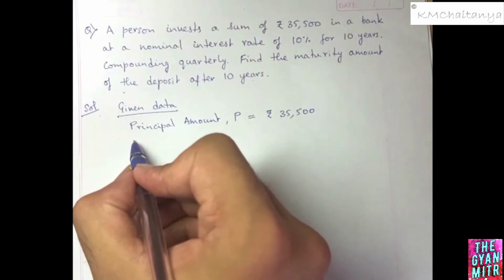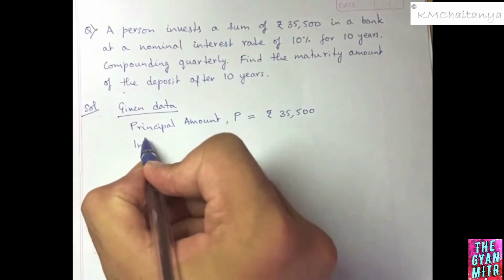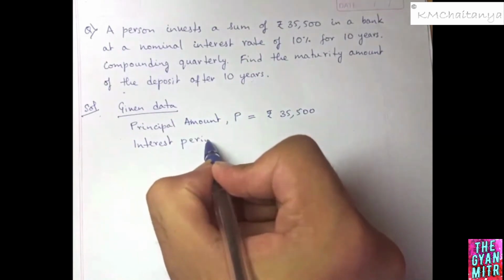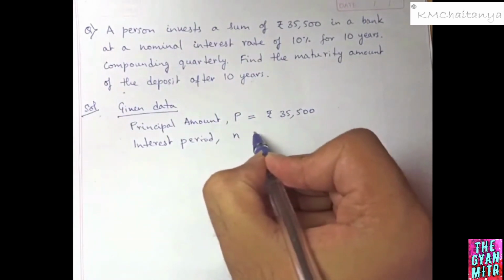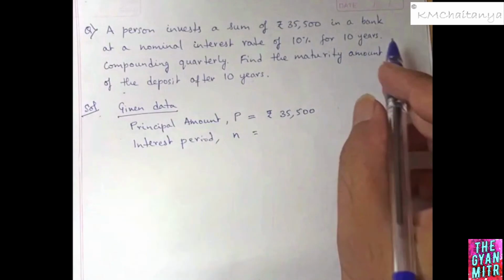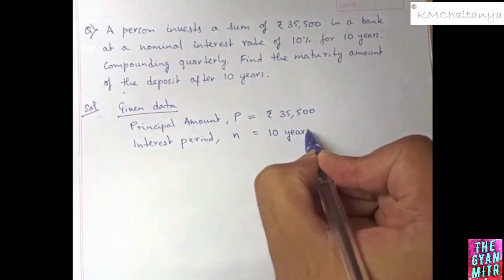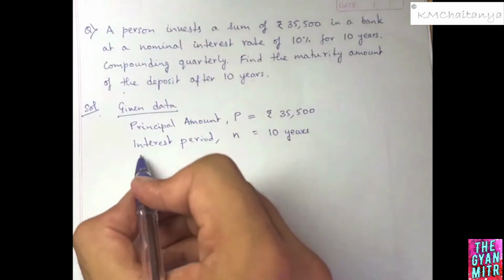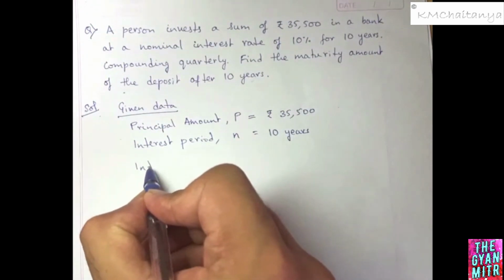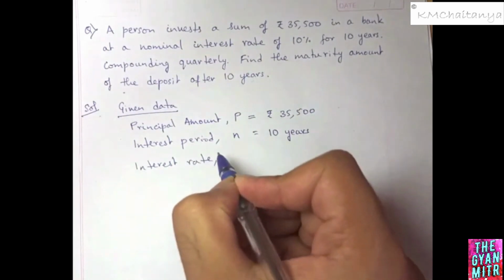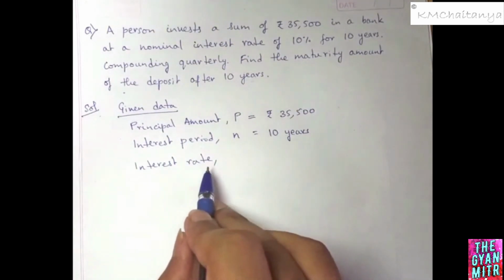Next, the number of interest periods, which is small n, is equal to 10 years. Next, the interest rate. So here it is the nominal interest rate.